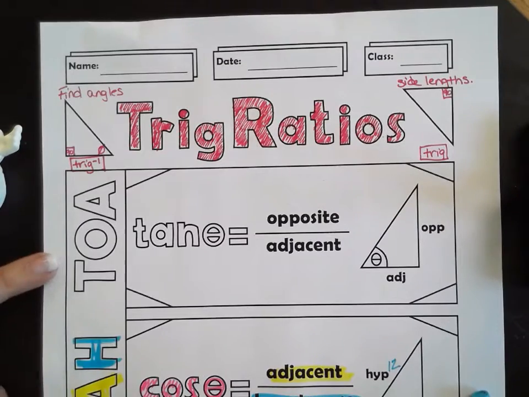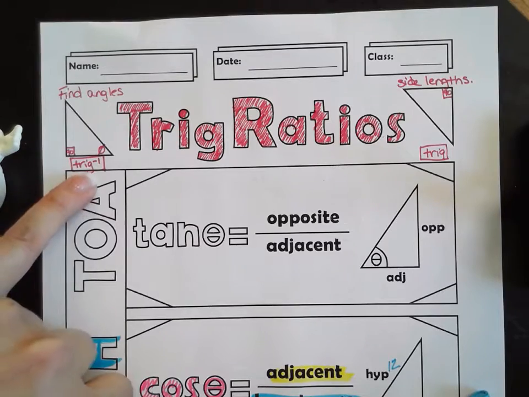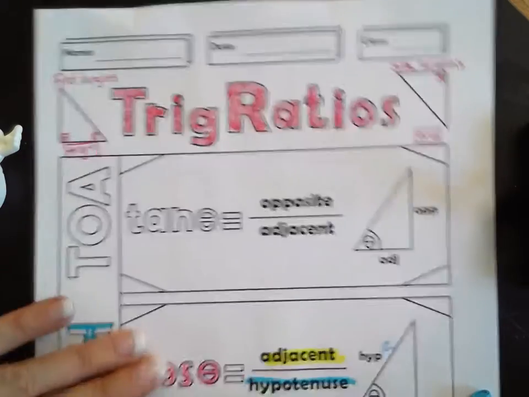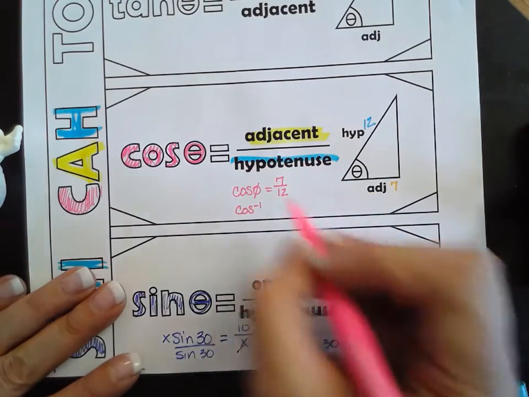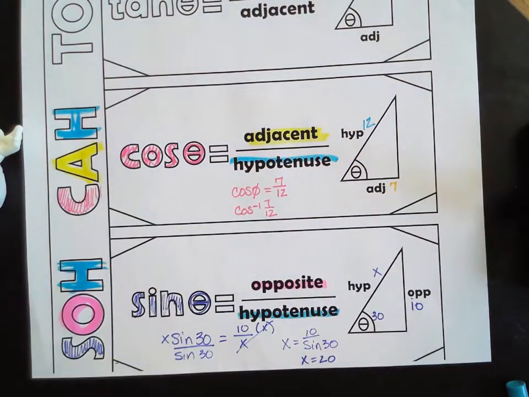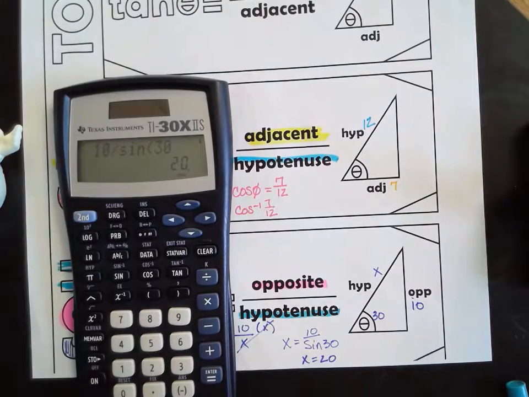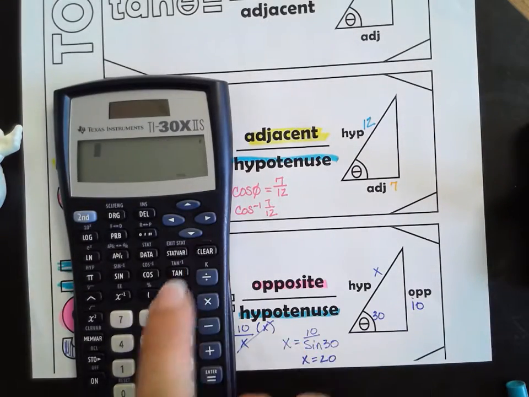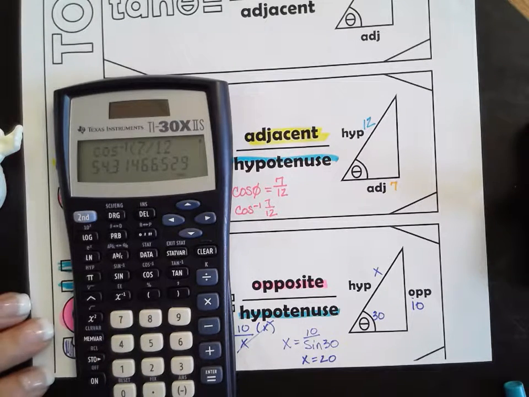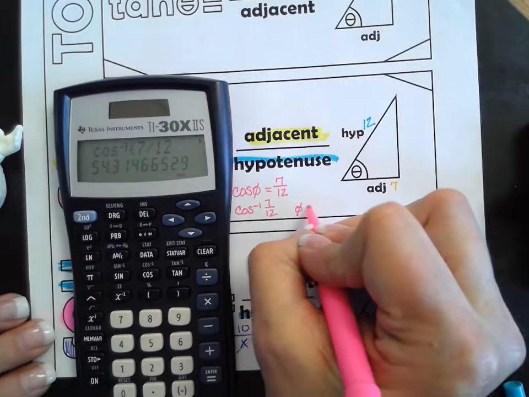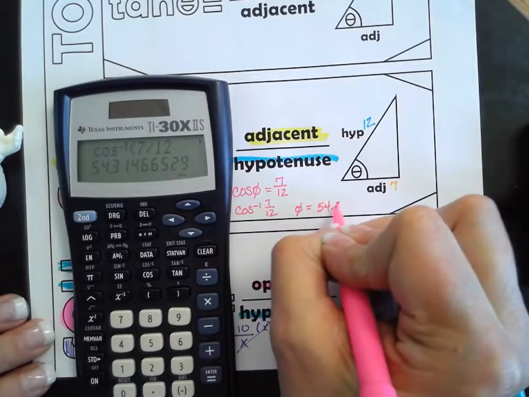So which button do I use? Yeah, you're doing your inverse button. So you literally press the second cosine, and then just 7/12. And I have an angle measure of 54.31.